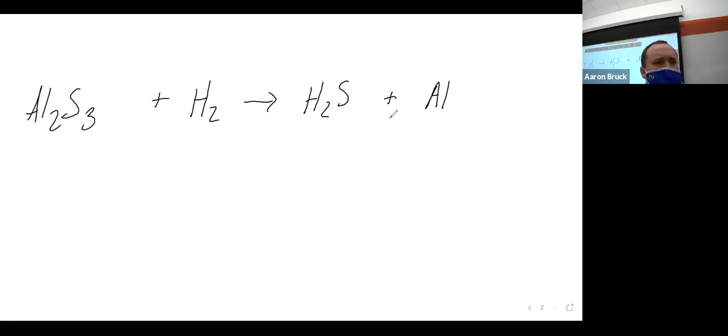I guess that was gold, wasn't it? AU. It's AU, not AL, right? Right idea, wrong element. Regardless of whether it's aluminum or gold, setup is exactly the same. We can approach it in the same manner as well.